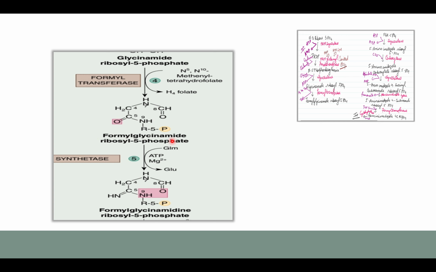Further, formyl glycinamide ribosyl 5-phosphate is converted to formyl glycinamidine ribosyl 5-phosphate. Note that till the formation of formyl glycinamide ribosyl 5-phosphate, the ring closure has not occurred. In the presence of enzyme synthetase, utilizing a glutamine molecule, an amide group is transferred.